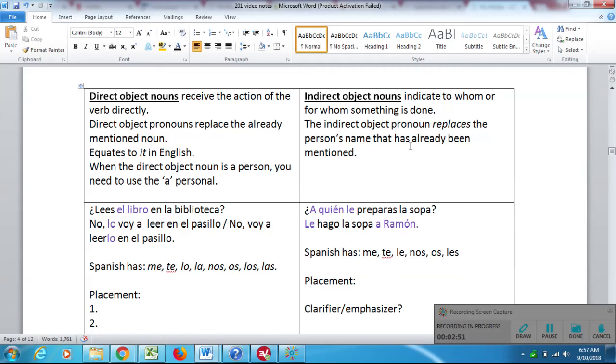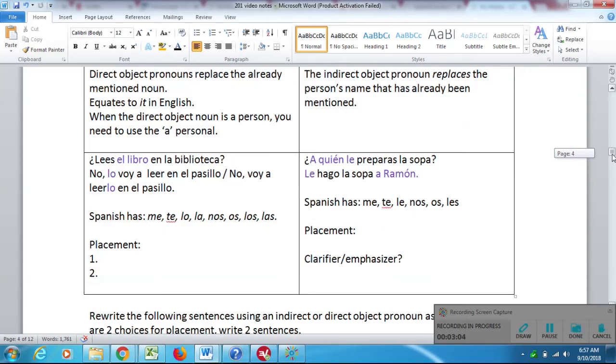Let's take a look at the indirect object nouns and pronouns. Well, these indicate to whom or for whom something is done. Yeah? You are doing something for someone. That someone is the indirect object noun, and we replace it with an indirect object pronoun after we've already said that person's name.